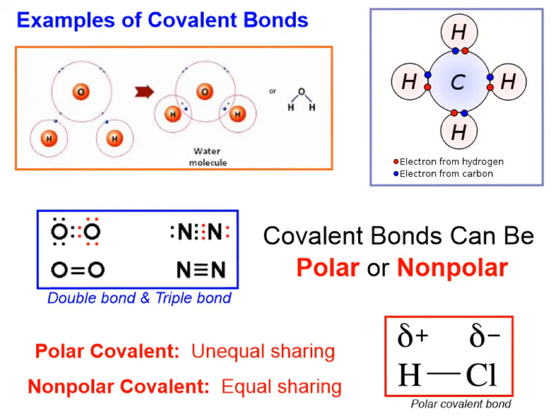It's the Greek lowercase letter, and we just call that slightly negative. This is slightly positive. It doesn't have a full positive and negative charge, but the chlorine is pulling a little bit more on those electrons, so it has a slight negative charge, and we call it polar covalent because it's an unequal sharing of those electrons.